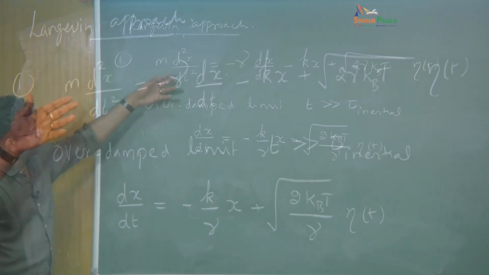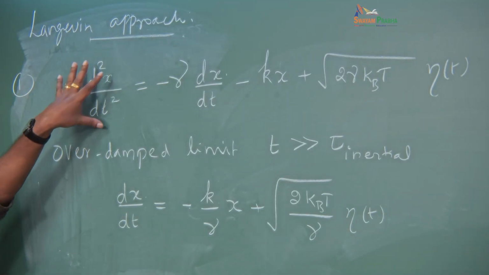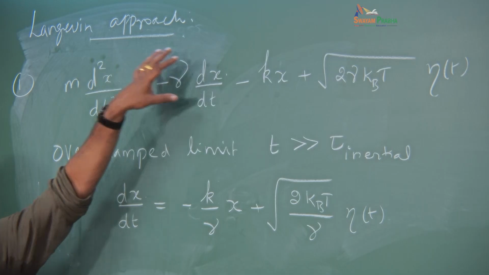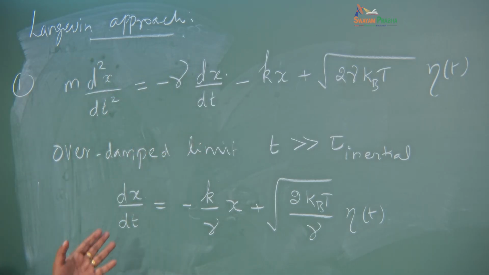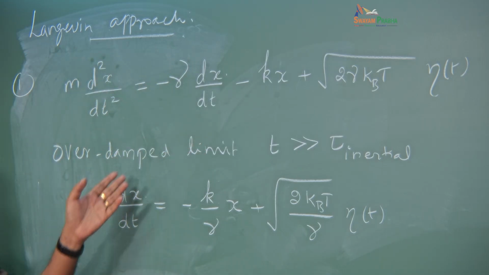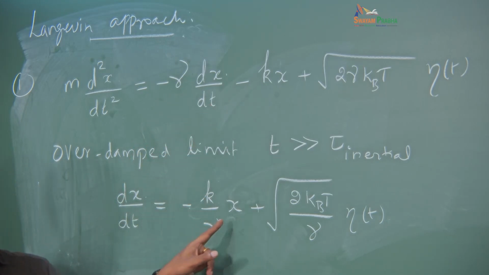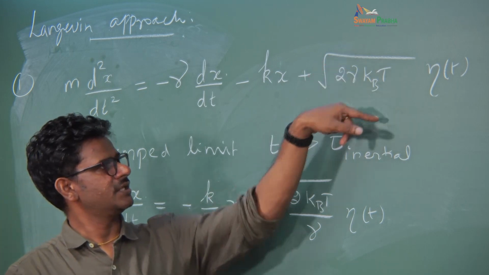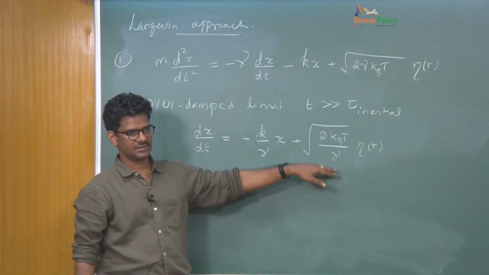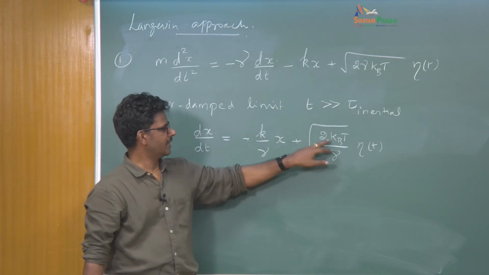So the Langevin equation, when you write for overdamped limit, this term is 0, you take this term to the left and divide the expression by gamma, so you will get dx by dt on the left hand side is equal to minus kappa by gamma x plus this entire term divided by gamma, so you get 2 kT by gamma.